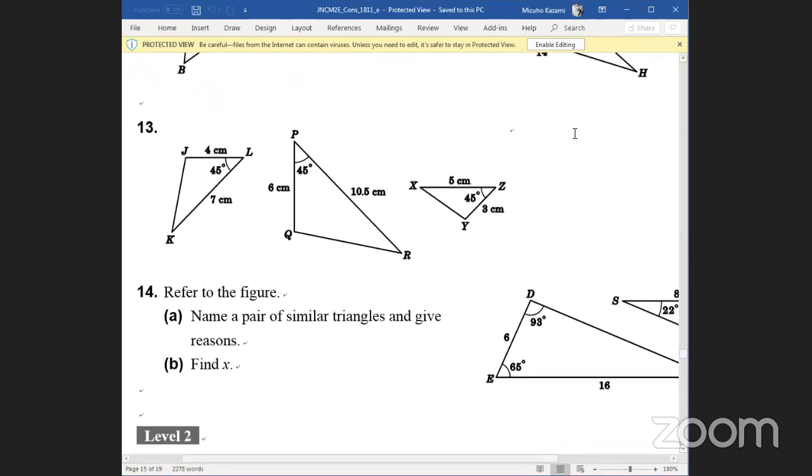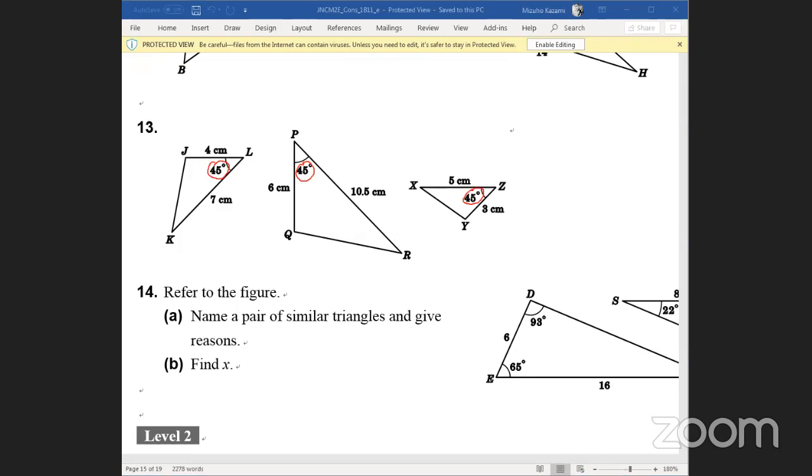Now for this one, you can see that's the angle. This is called the included angle because you can see that next to this angle, the two sides are given. Therefore, in this case, one is longer, one is shorter.